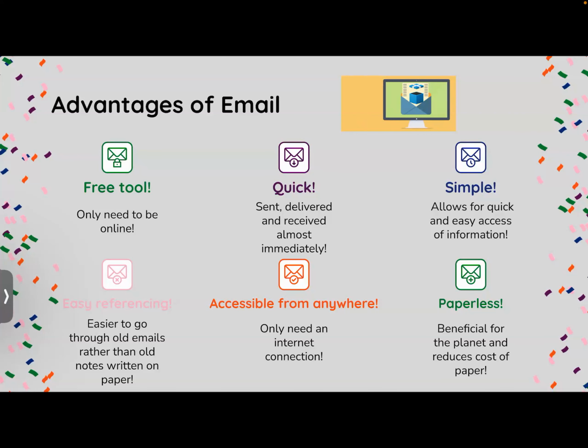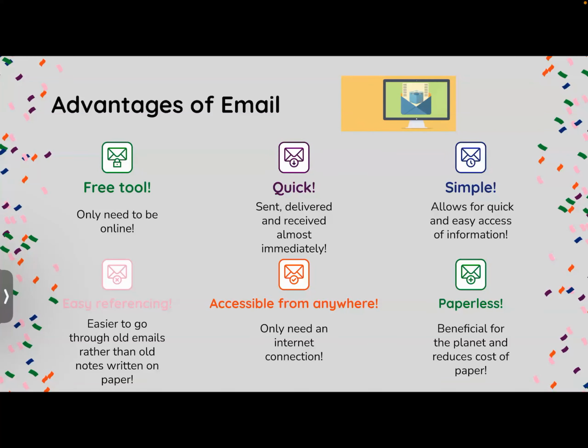It's simple. Once you get the hang of it, using it on your iPad, the mail app is very easy to access and to get the information. Also, there's easy referencing. It's easier to go through old emails rather than old notes written on paper, because with the mail app or email, you can utilize the search feature and search for different emails. My oldest email is about 16 or 17 years old.